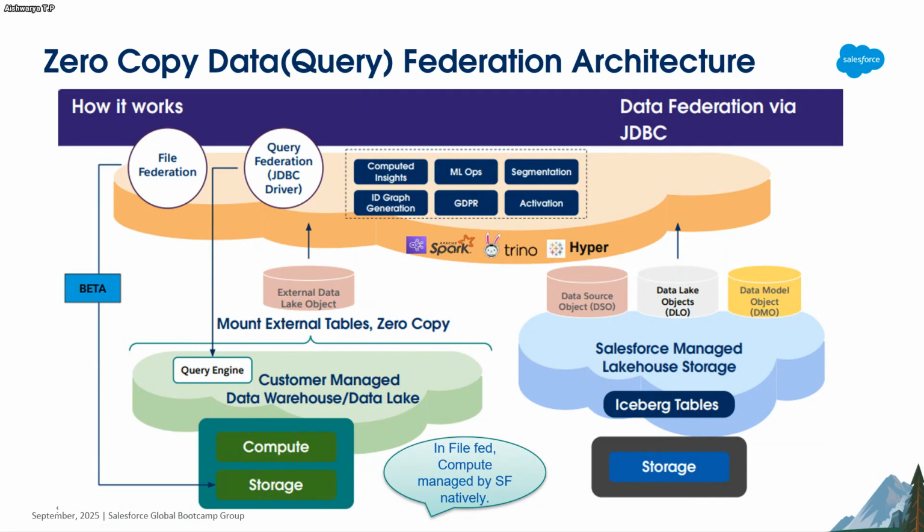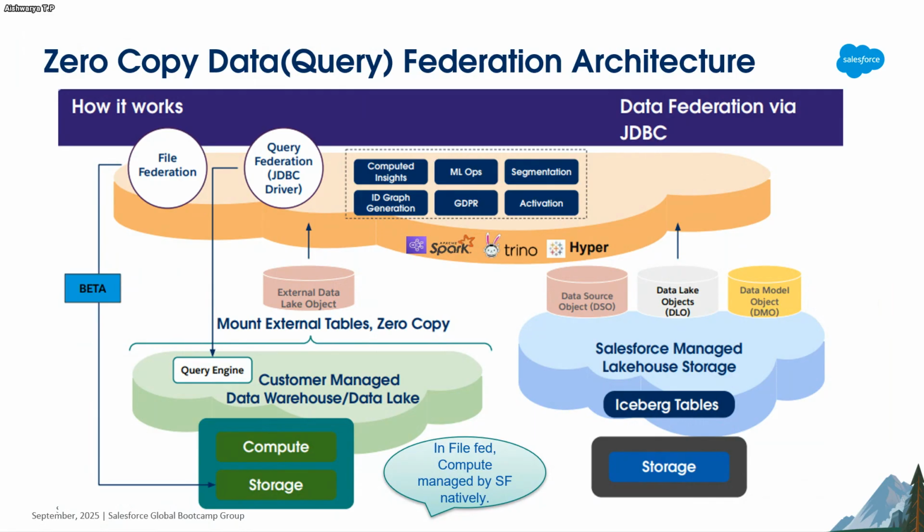In query federation, you can see three blocks here: one orange, one green, and one blue. These three clouds are defined for a few applications. The green cloud, in our case, is Snowflake. You can take any application which supports zero copy here.